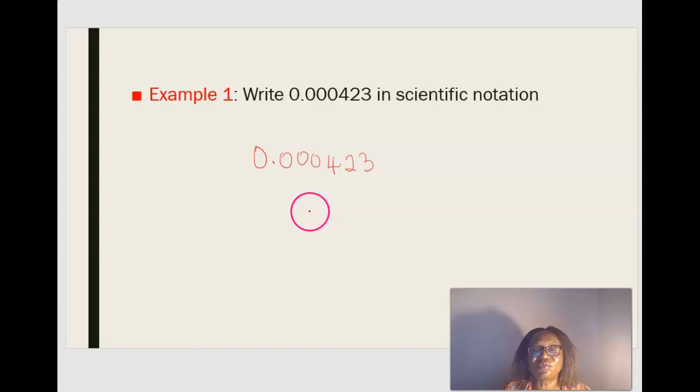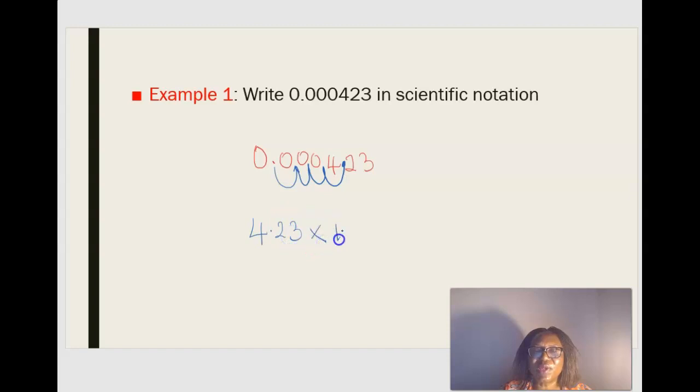We want to move the decimal point. So we're going to move it 1. You notice we are going to the right. 2, 3. And when we get here, we stop. So our coefficient is 4.23.